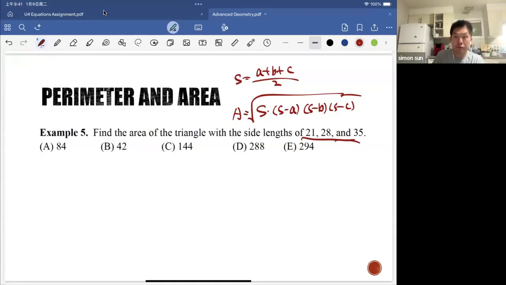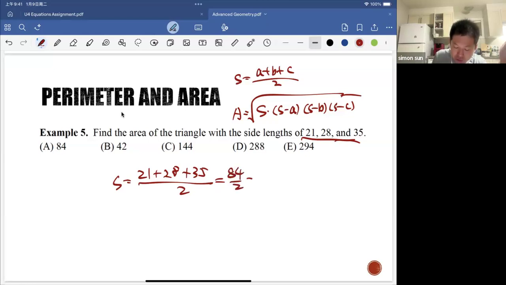So what do we need to do? The first step is to calculate S equal to 21 plus 28 plus 35, divided by 2. 21 plus 28 plus 35 is 84, divided by 2 is 42.